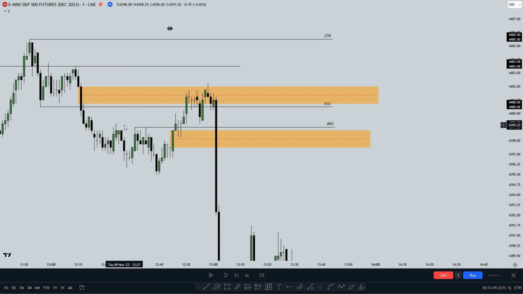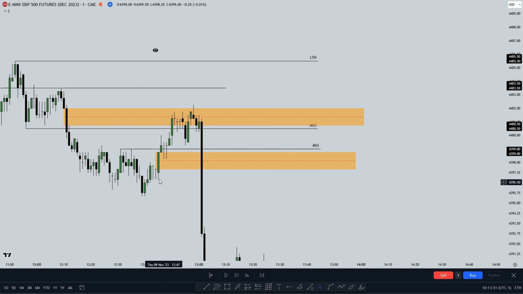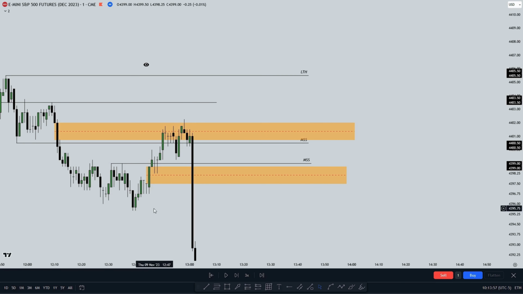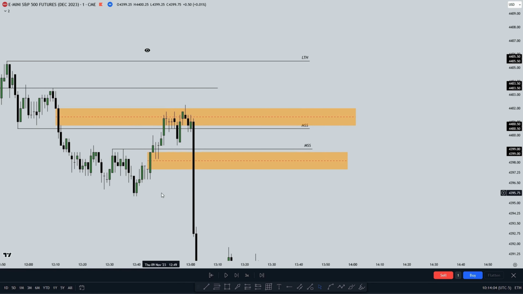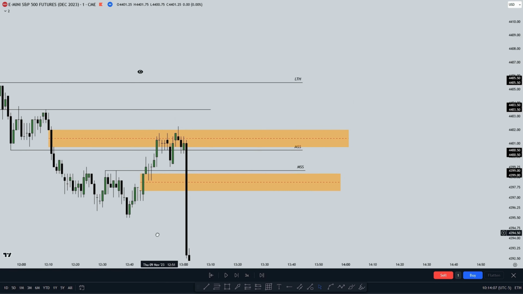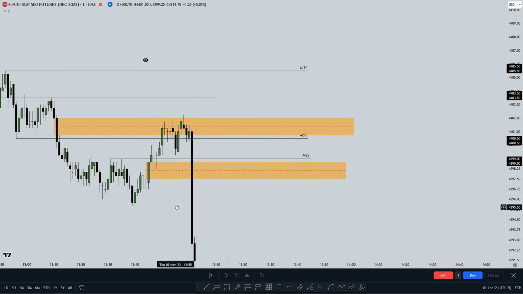Then price comes down and then starts to move higher, creating a market structure shift. And from this low right here to this high right here, there's low resistance. So that means it's easy for price moving higher, because there's buy stops at these highs we formed. So there's almost no resistance.